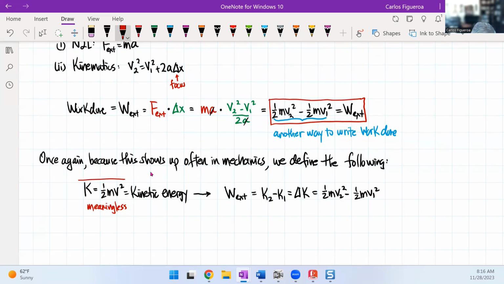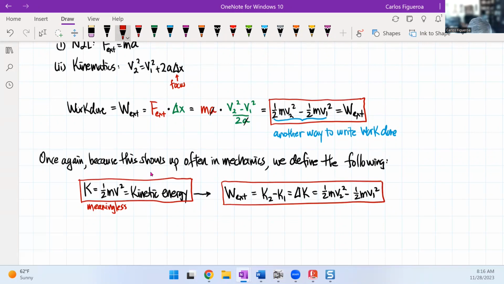This here is how we define the symbol K, but this is the meaningful quantity.